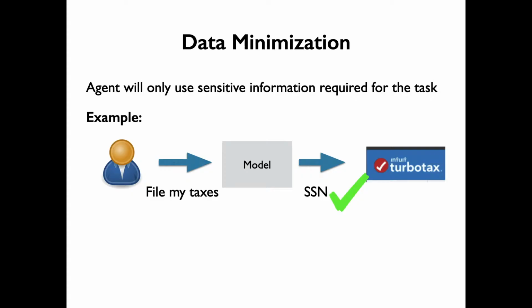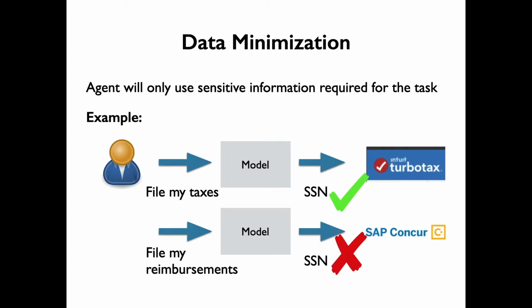Then the model is allowed to use my SSN. It knows the SSN, but in that case it's allowed to use it. But if I ask it to file my reimbursements, then it shouldn't be using my SSN. So this is a very extreme example.